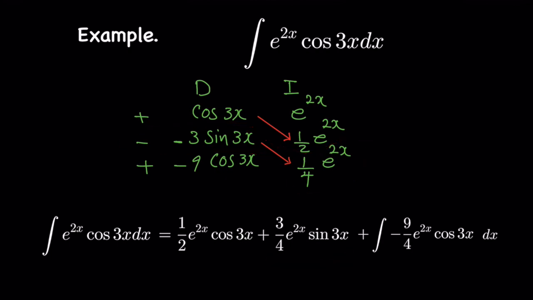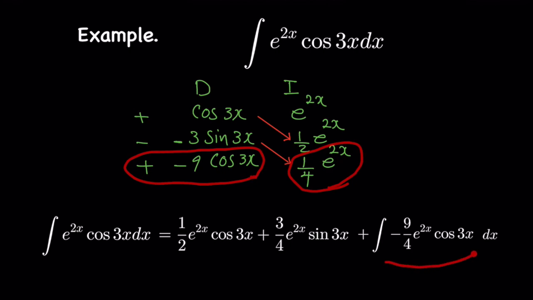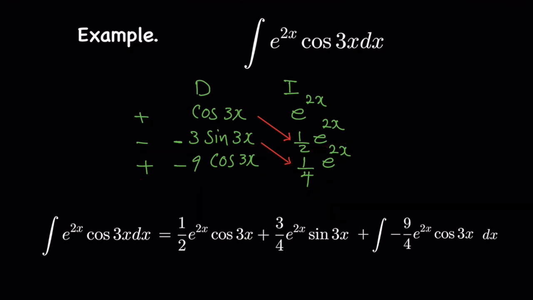And the last term is going to be the integral of the product of the last two functions in the last row. That's going to be the integral of the product of those two functions, which will be minus 9/4 e to the 2x cosine 3x. And notice that when you multiply the diagonal terms, there is no integral sign.